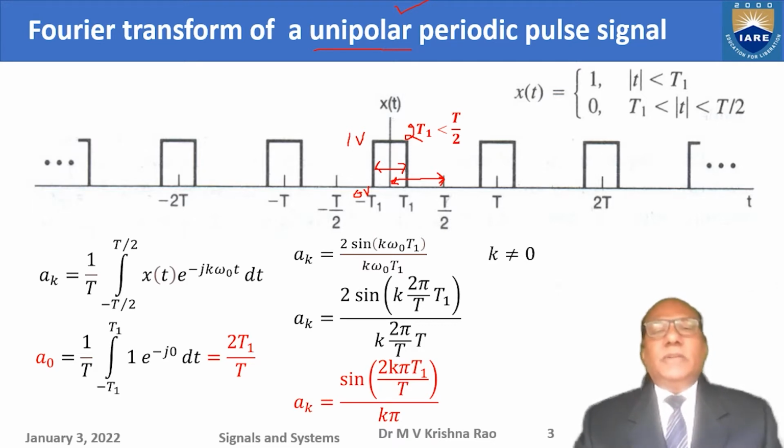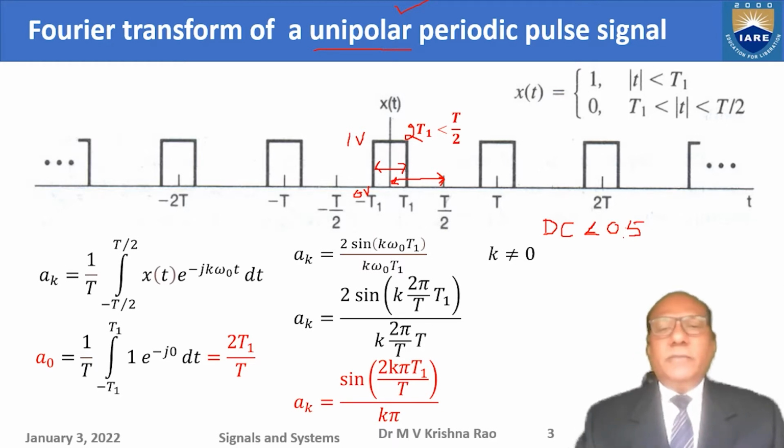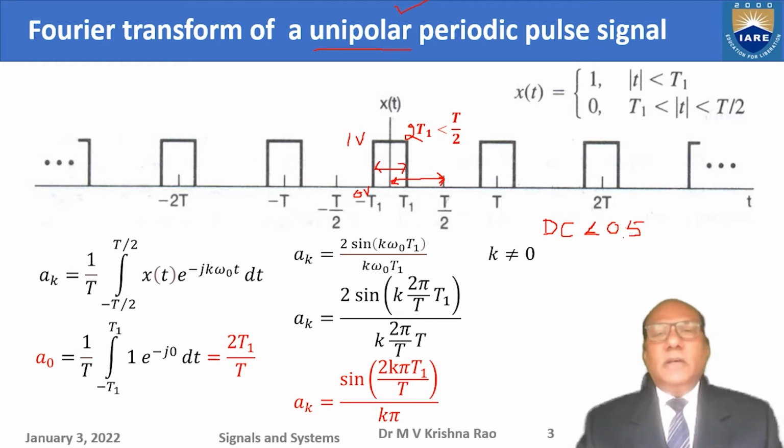That is the duty cycle here, which is less than 50%, that means in fractions less than 0.5, if the full cycle is unity. If the duty cycle is less than 0.5, then it is called a pulse waveform, and it is a unipolar pulse waveform.